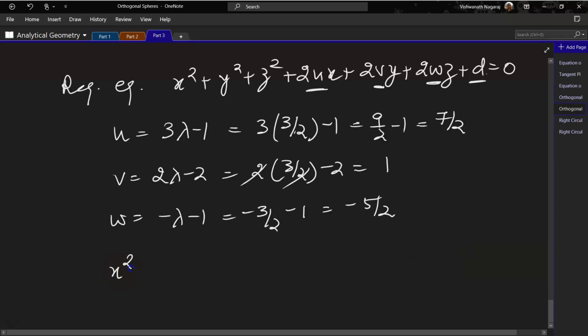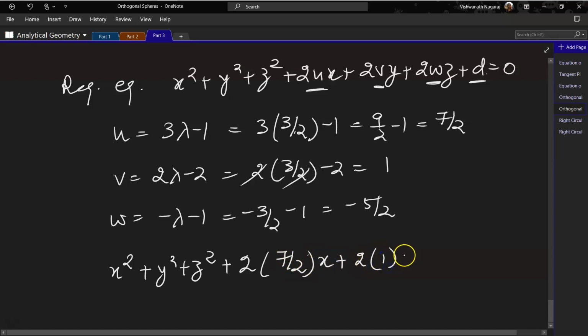So now substituting it, we get x square plus y square plus z square plus 2 times 7 by 2 x plus 2 times 1 y plus 2 times minus 5 by 2 z plus 12 is equal to 0.